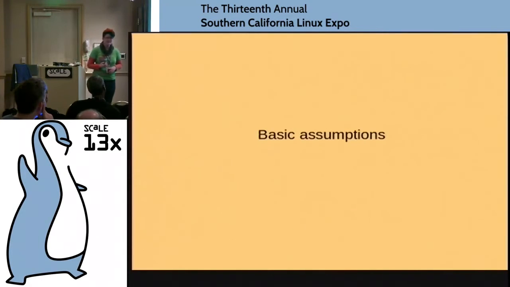Now, some basic assumptions with this talk. This is really geared towards third-party client libraries. You can use many of the principles if you have an API and libraries that you maintain yourself, but I'm going to assume that you're dealing with someone else's API. I'm not going to get into any hairy details of RESTful versus non-RESTful, but if it's a question, just assume I'm talking about a RESTful API.